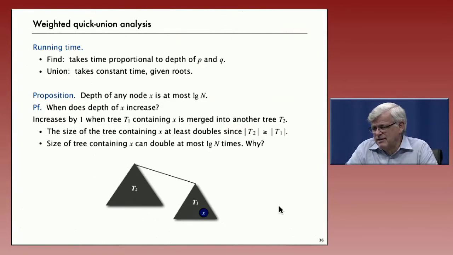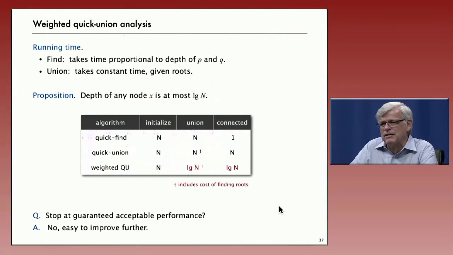That's the key, because that means the size of the tree containing x can double at most log n times, because if you start with 1 and double log n times, you get n, and there are only n nodes in the tree. So that's a sketch of a proof that the depth of any node x is at most log base 2 of n, and that has profound impact on the performance of this algorithm.